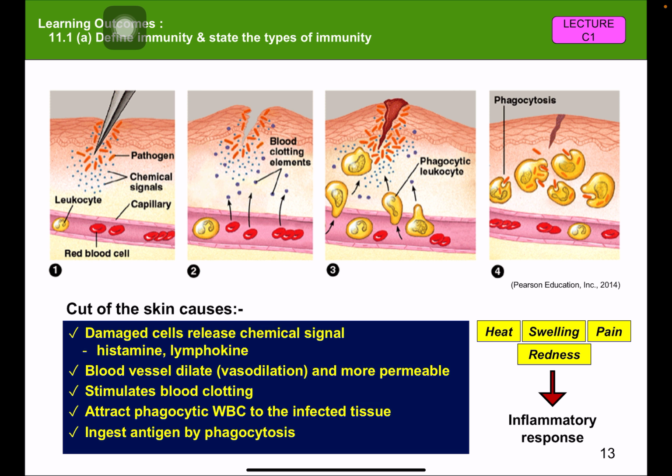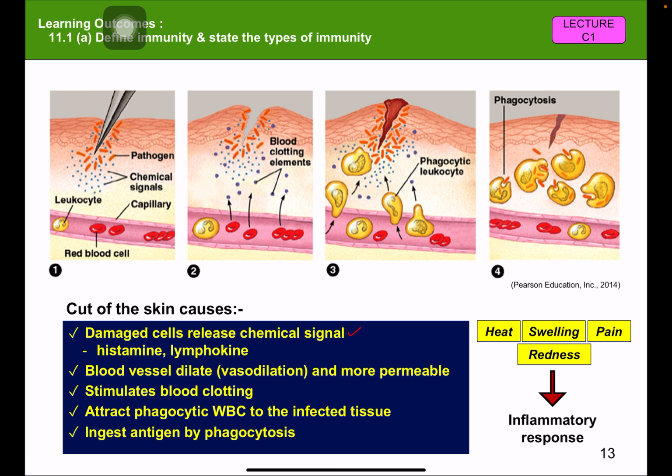So what happens when you get injured, such as a pinprick into your skin? It will cause damaged cells in your skin. These damaged cells will release chemical signals, such as histamine and lymphokine.